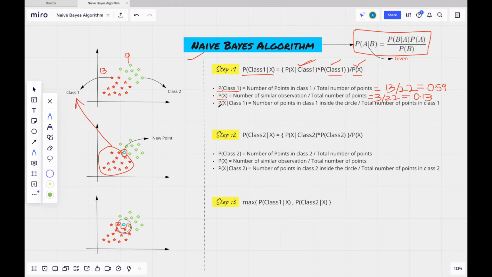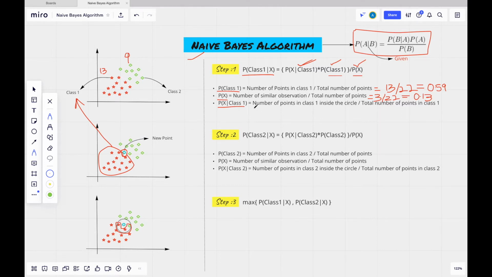Then we have probability of x given that class 1 has already occurred. Let us see what it is. It is the number of points of class 1 inside the circle divided by the total number of points in class 1. Inside this circle, we have 2 points which belong to class 1.